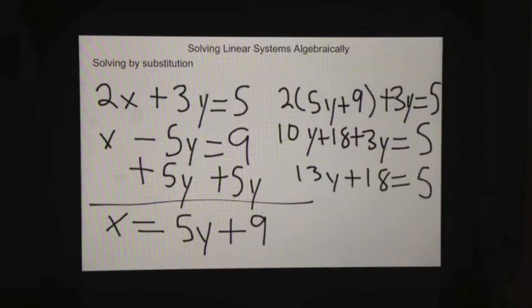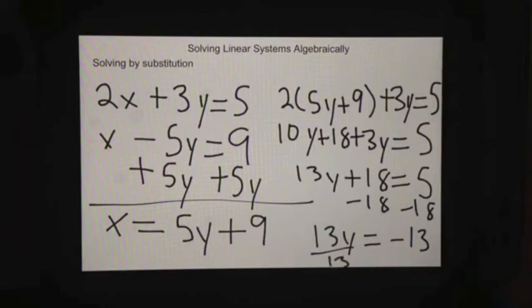You will now subtract 18 from both sides. This gives you 13y equals negative 13. And you want to get y alone, so you divide both sides by 13, leaving you with y equals negative 1.